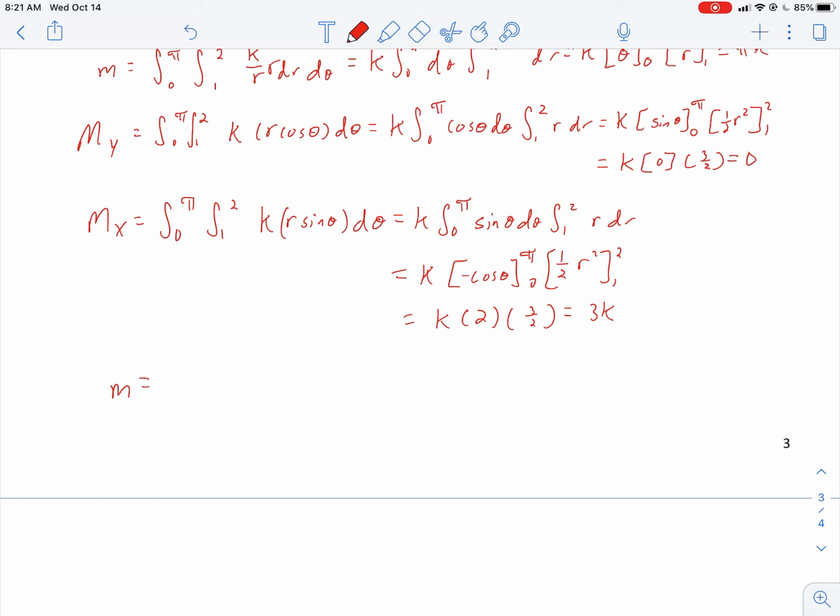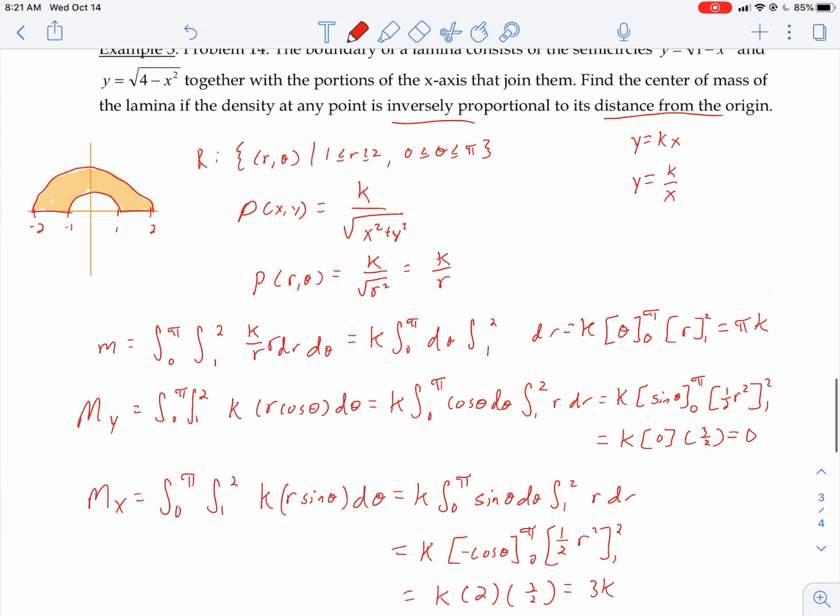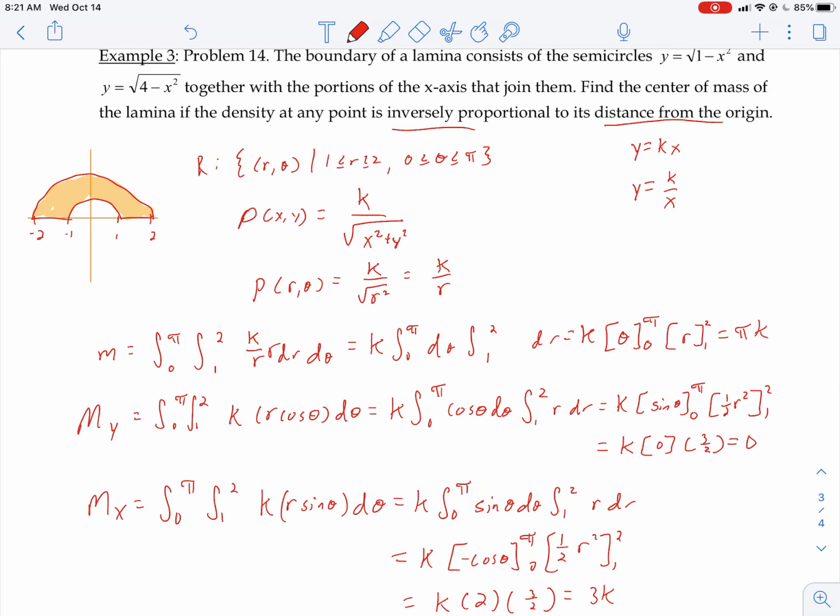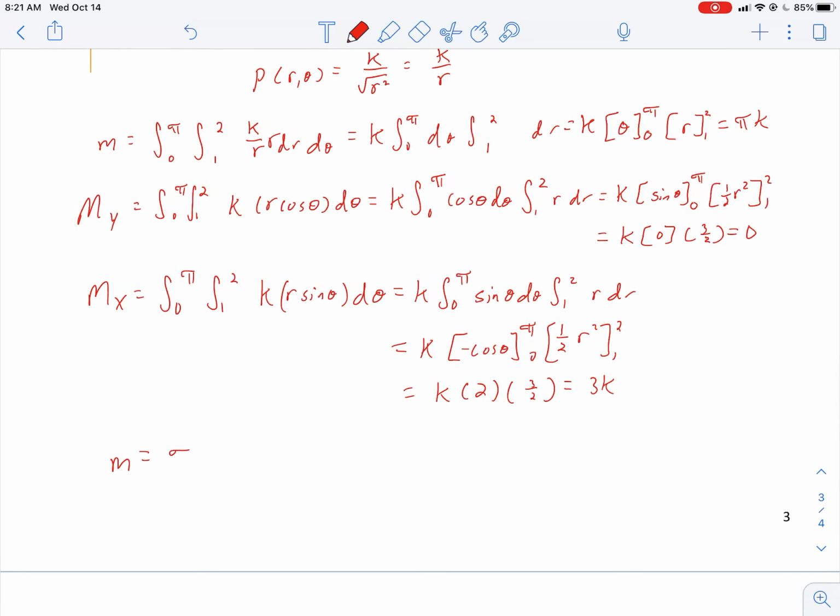So therefore, we have our mass. Our mass, when it's inversely proportional to the distance from the origin, where did we put that? Pi k. And we also have our center of mass, which is just going to be 0 divided by pi k and 3k divided by pi k.